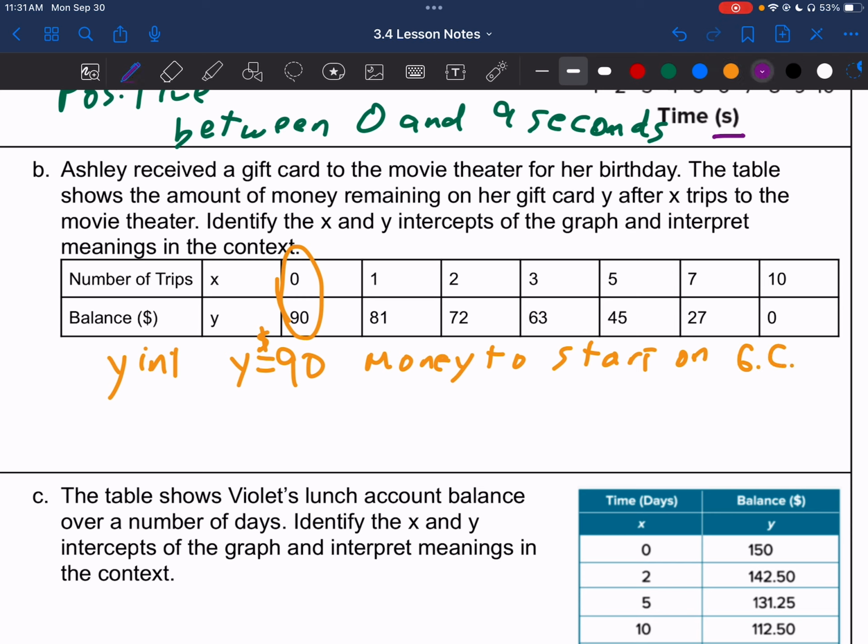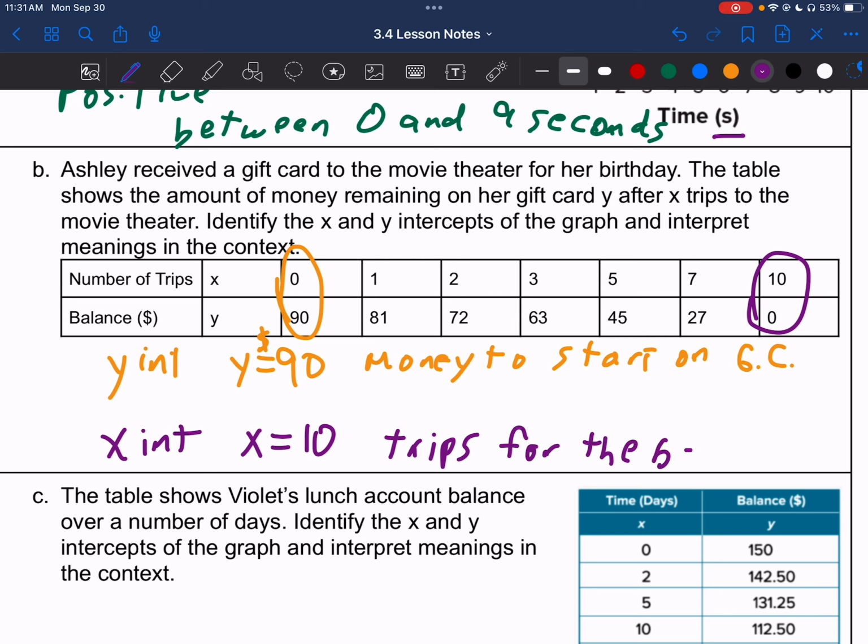Our x-intercept is going to be over here when x is equal to 10, and that is going to be 10 trips for the balance to equal 0. So after 10 trips, she will have no money left on her gift card, assuming she spends the same amount every single time.